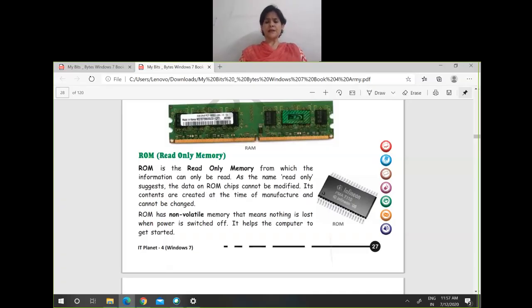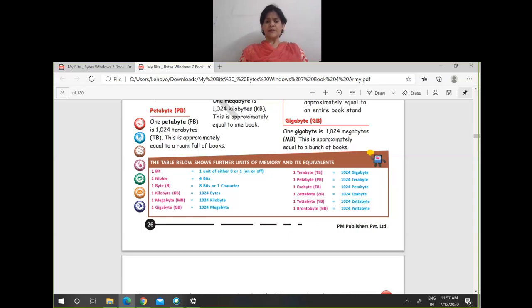We have done a chart of units of memory and its equivalent, that is 1 bit, 1 unit of either a 0 or a 1. 1 nibble, 4 bits. 1 byte is equal to 8 bits or 1 character. 1 kilobyte, 1024 bytes. 1 megabyte, 1024 kilobytes. 1 gigabyte, 1024 megabytes. 1 terabyte, 1024 gigabytes. 1 petabyte, 1024 terabytes.